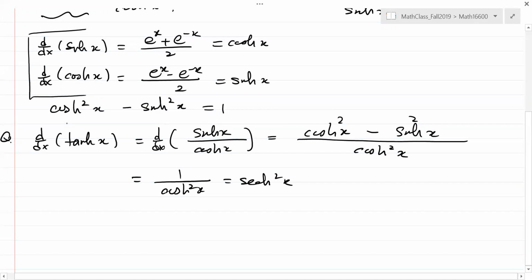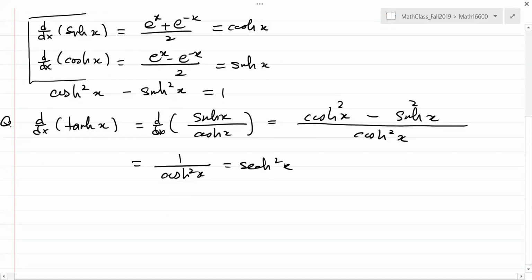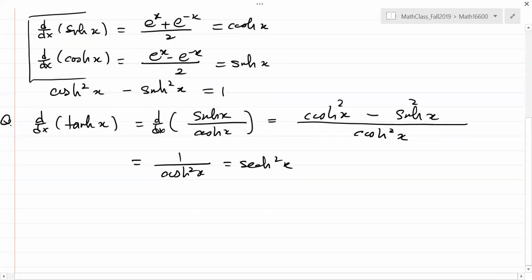This formula I have here, also, if you divide both sides by hyperbolic cosine squared x, so divide this identity by hyperbolic cosine squared x, you get 1 minus hyperbolic tangent squared x equals hyperbolic secant squared x.